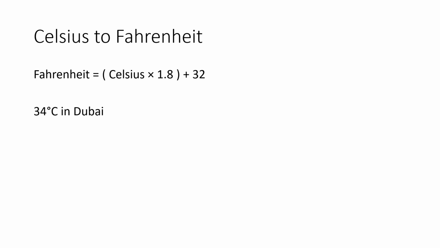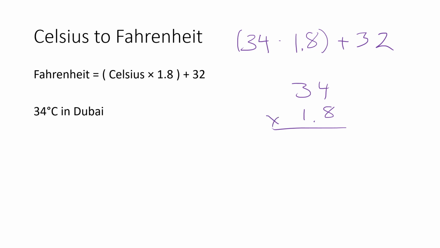So 34 degrees Celsius in Dubai, let's plug that into our formula. So 34 times 1.8 plus 32. We'll start with our multiplication. 34 times 1.8. 8 times 4 is 32, carry your 3. 8 times 3 is 24, plus 3 is 27, and then add a 0.